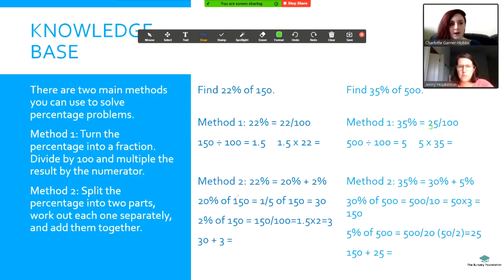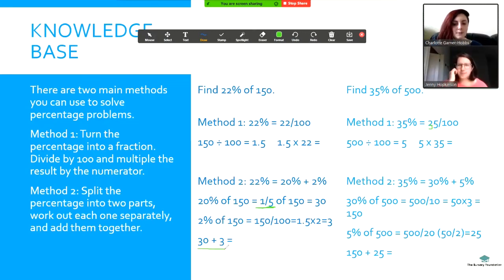You can either divide by 10 and multiply by 2, or if I've remembered that 20% is actually the same as saying 1/5 of something, then I can just divide 150 by 5 to get 30. For 2%, I'll do the 150 divided by 100 gives me 1.5 times 2, which is 3.